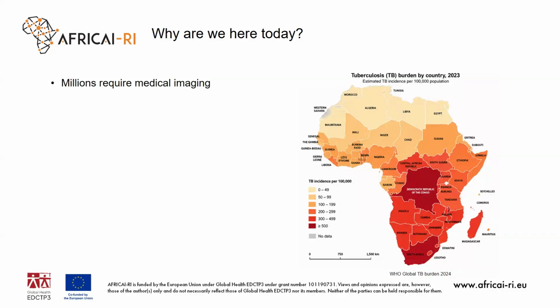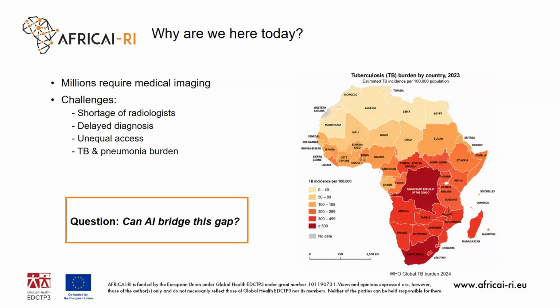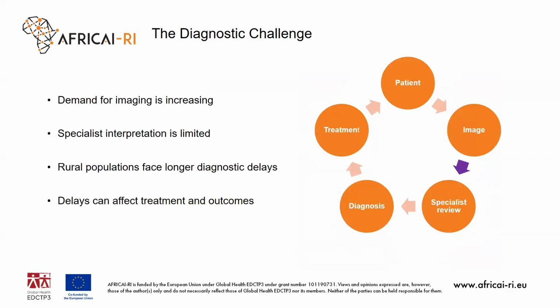So the question for today is, can AI help us reduce this gap? By reducing this gap, we mean not replacing clinicians, but helping them review images faster and decide which patients need attention first. Now let us look at a diagnostic pathway.